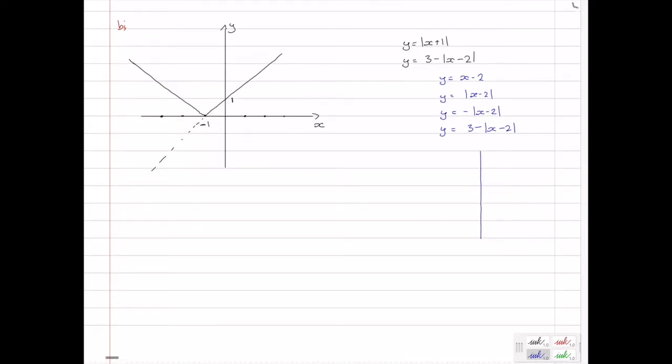Alright, so let's just draw something very rough here. Okay, so we're going to start with x minus 2. That's the same idea, it's just the y-intercept is -2, and I still have a +1 gradient, so that'll look something like this. So that's y equals x minus 2.